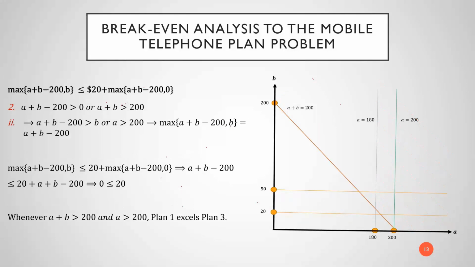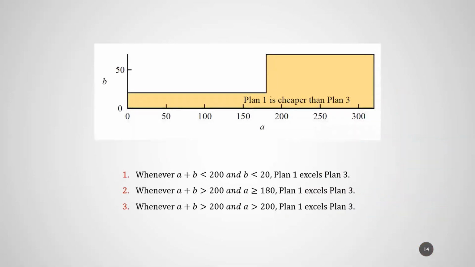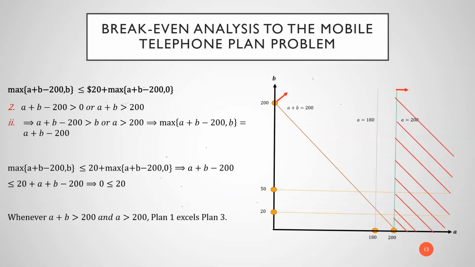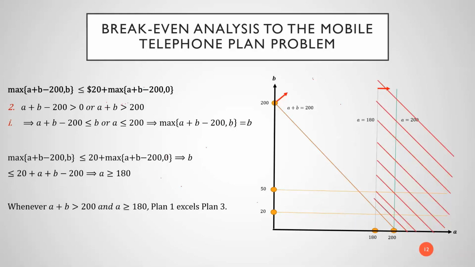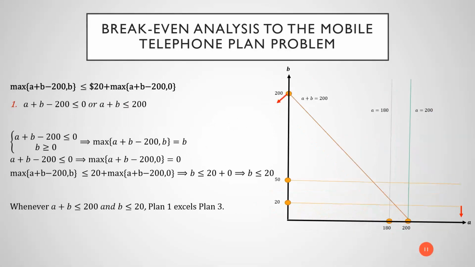The third one, we have A plus B minus 200 is greater than B, which will result in this region. Now, based on the obtained information and the three available cases, we will find the union of these three areas. I mean, this area that I have with this and with this.